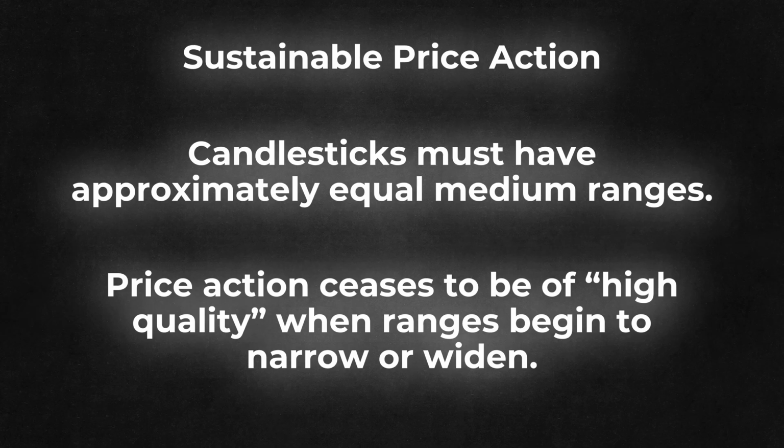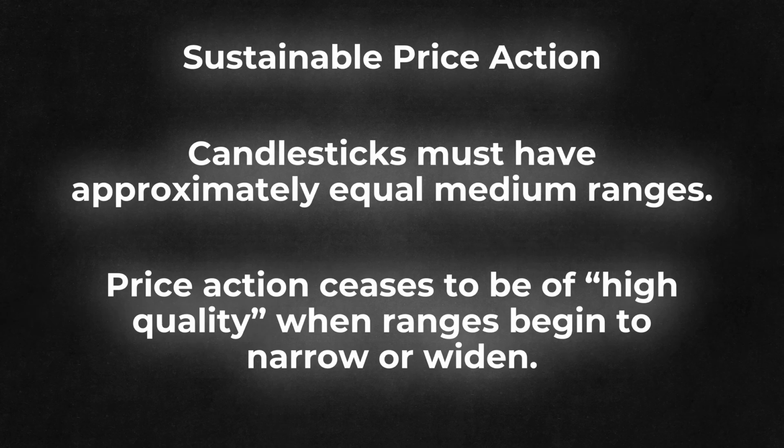Candle ranges that are too narrow produce things like inside candles, which are often present at reversals. And candle ranges that are too wide produce things like exhaustion candles, which are also present at reversals. In other words, the continuity of a price movement relies on candlestick ranges not being too narrow nor too wide, relatively speaking.